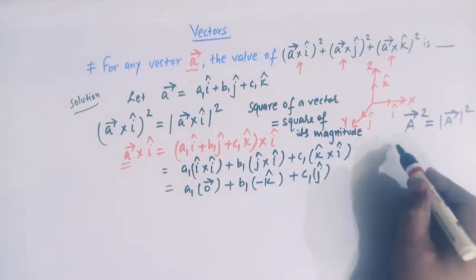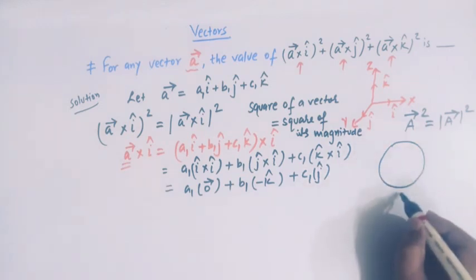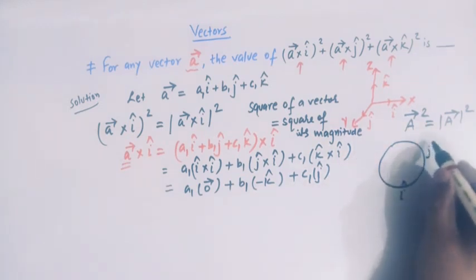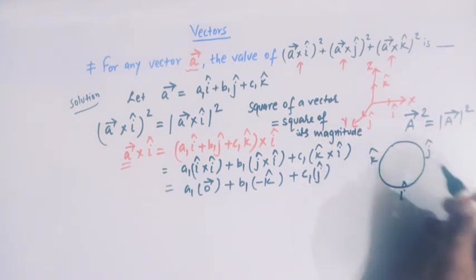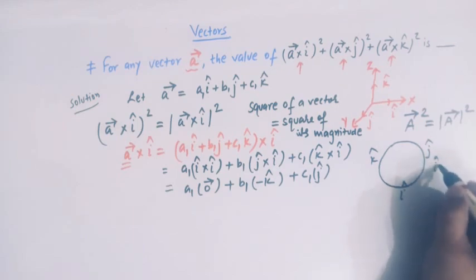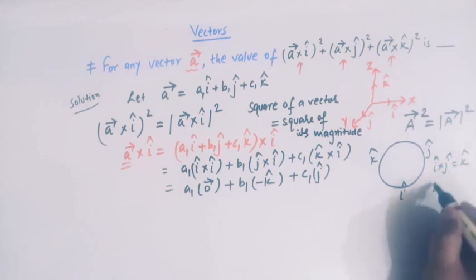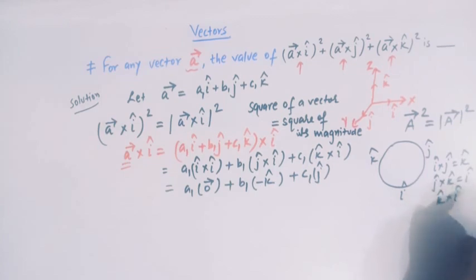Because when we have i cap, j cap, and k cap, then i cross j is k, and j cross k is i, and k cross i is j cap, right?